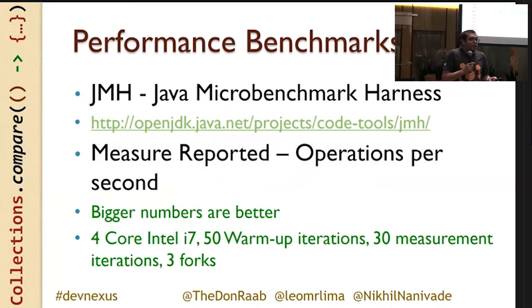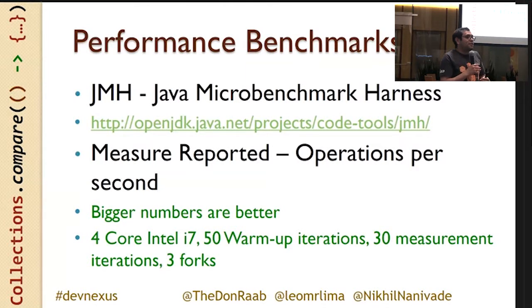When we are comparing, we are not just comparing code, we're also comparing the benchmarks. So the first one is the performance benchmarks. How many of you have heard of JMH? Java Micro Harness. So a couple of people. Essentially, Java Micro Harness is an OpenJDK product that lets you test the performance of your particular code.